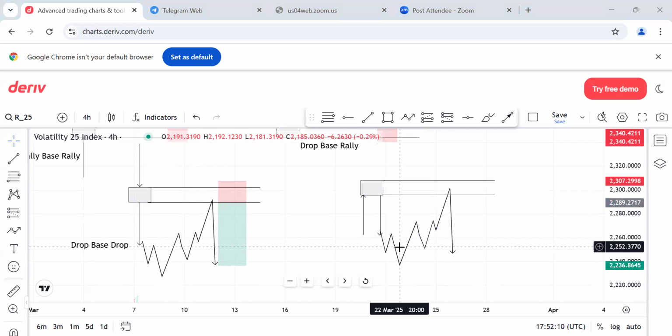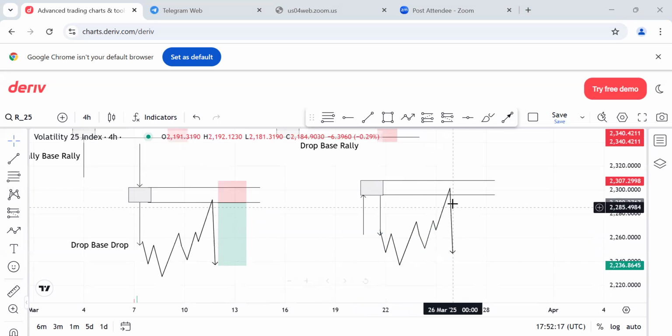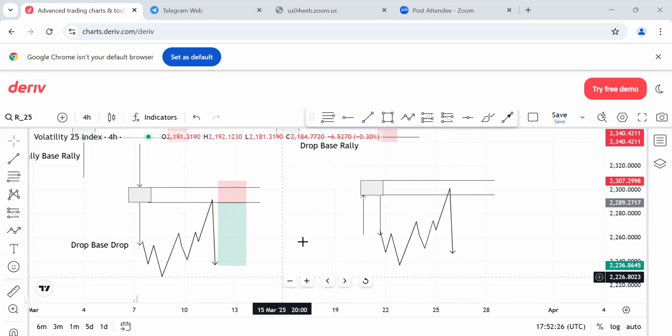So the remaining orders, let's say out of 10 orders, 4 or 3 are left. So there's a tendency that if price comes back to this base level, we could see a sell move out of this base area. This is where we take advantage of this formation for a sell move.